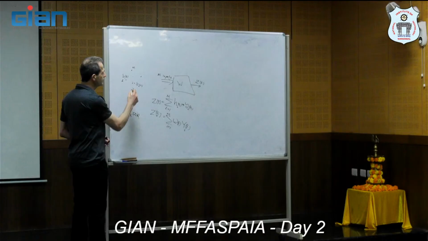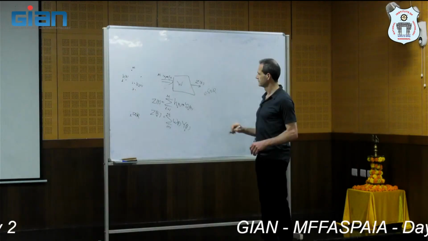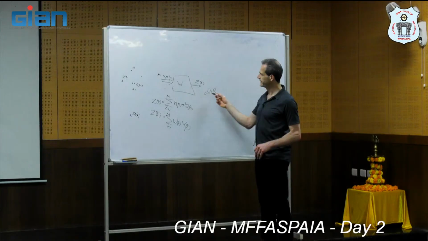Let's assume the signal-to-noise ratio is the same for all the signals. And we can define the output signal-to-noise ratio here. The ratio between output SNR and input SNR we call the array gain, so it is output SNR divided by input SNR.